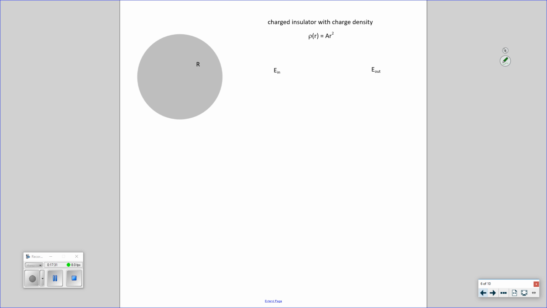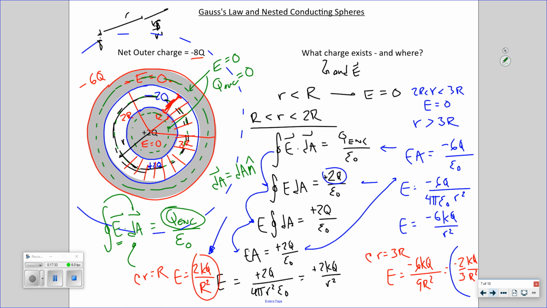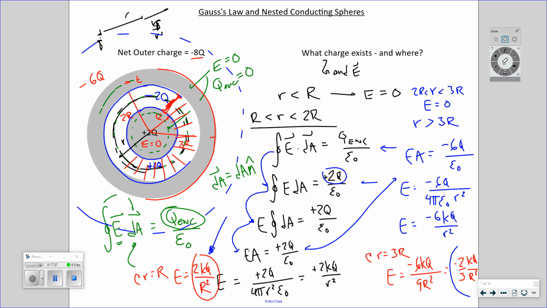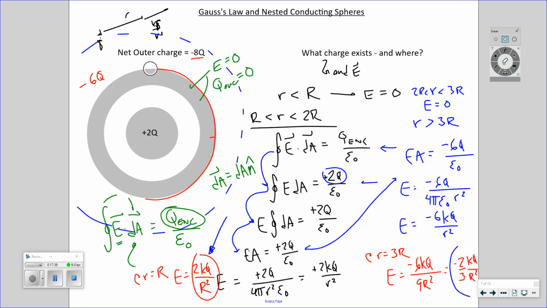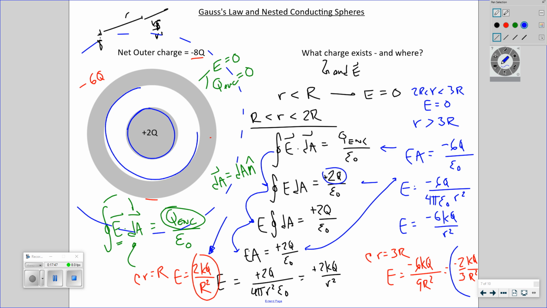If we look at these two, talk about a mess of a diagram, if we look at two of the surfaces, in particular this one and this one, this has a surface charge plus 2q, and this has a surface charge negative 2q, and this has a radius r, and this has a radius 2r.